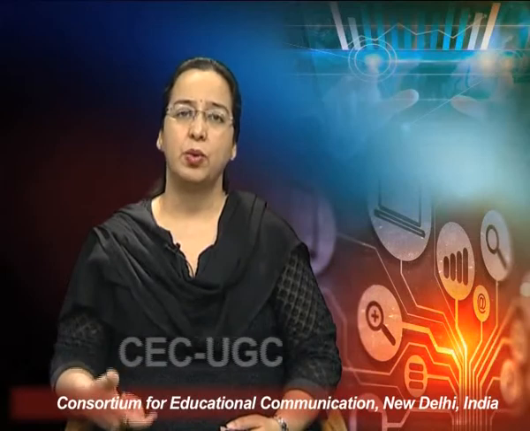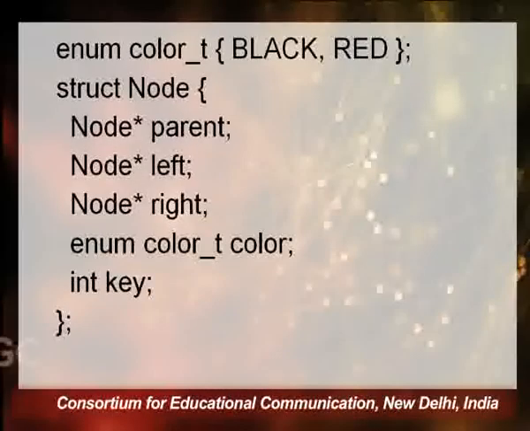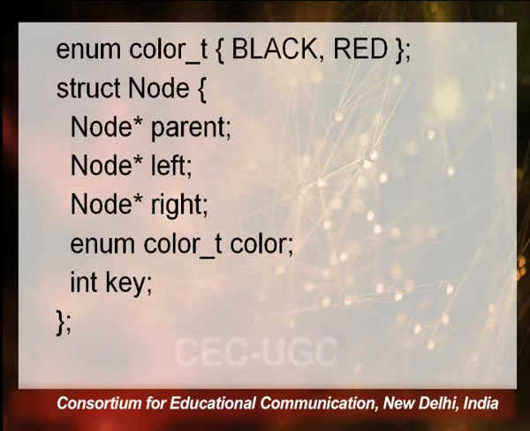Coming to the color property, we can introduce it in the structure of the node by just having an enumerated data type, which can have only two values, either black or red. So the total structure of the node will be, we have a normal struct node, then there is a parent pointer which points towards the parent of the node.